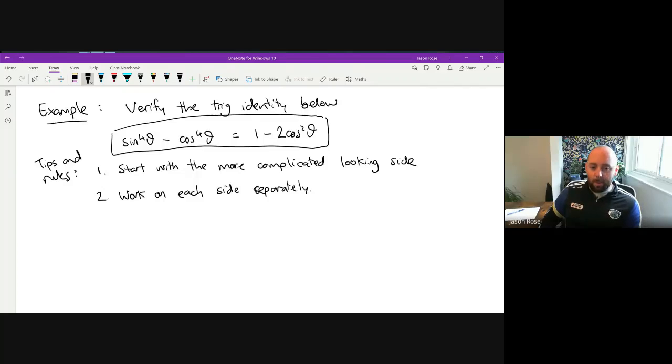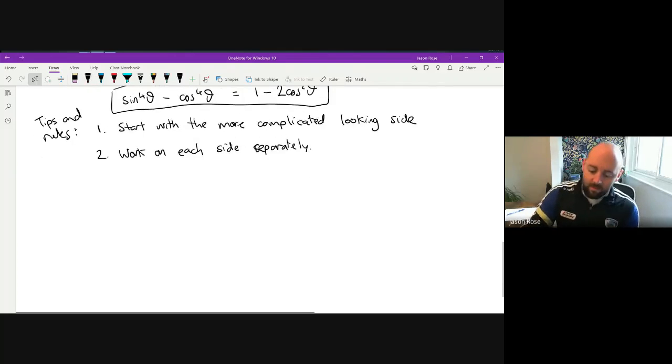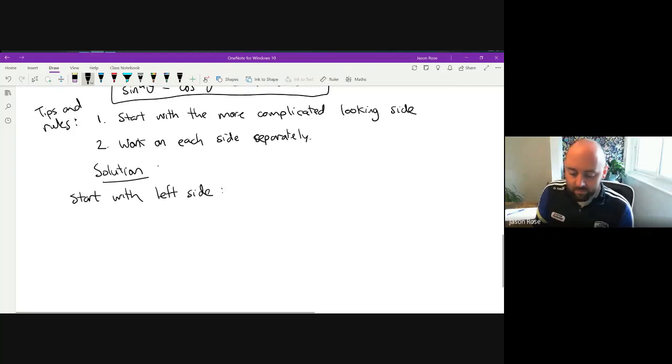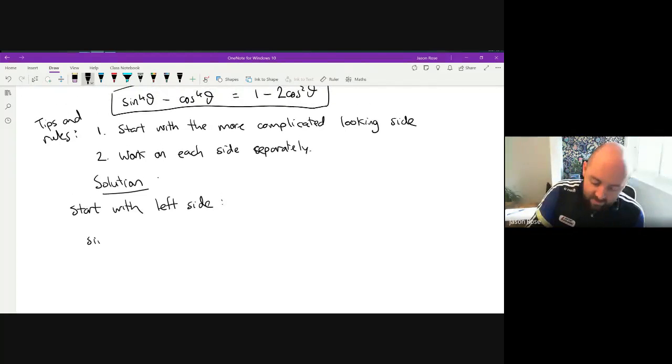Okay, so let's give this one a shot. So we're going to start with the left side. So the left side is sine to the power of 4 of theta minus cosine to the power of 4 of theta.